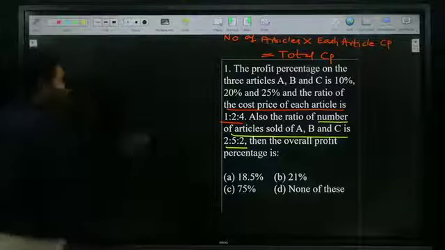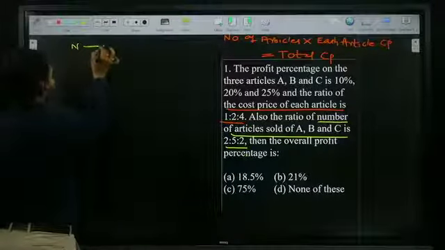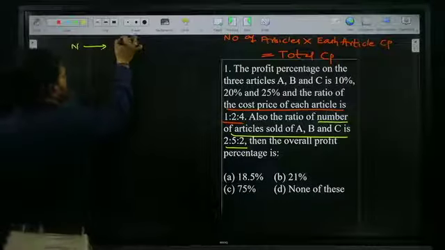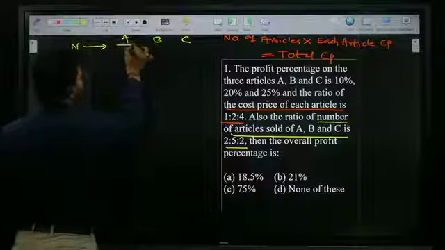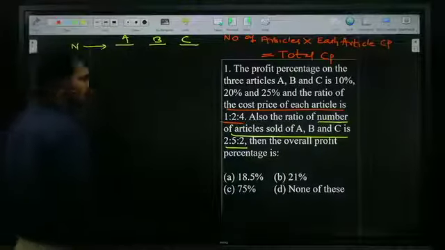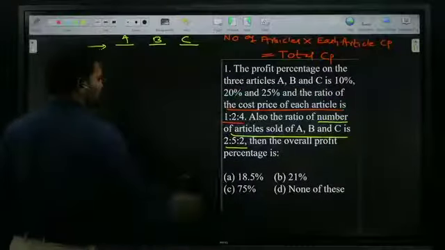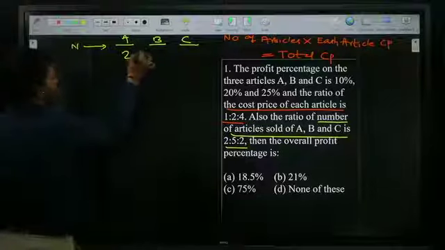Look at me. Here three articles are there, A, B, C. So the number of articles ratio is 2:5:2.